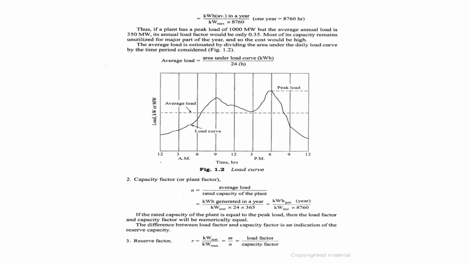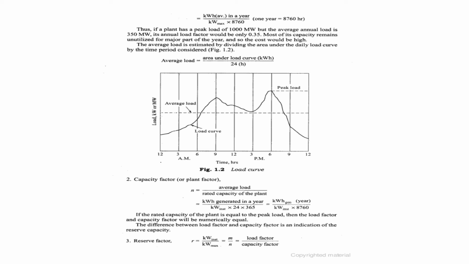So load factor should be less than 1. So most of its capacity remains unutilized the major part of the year, so the cost would be high. Here what we have to understand is, we have to see that the load factor is always nearer to 1, like 0.8, 0.7. If it is 0.35, that means most of the time the power is not utilized.